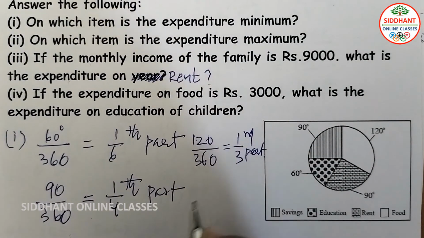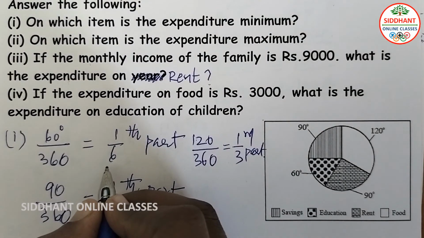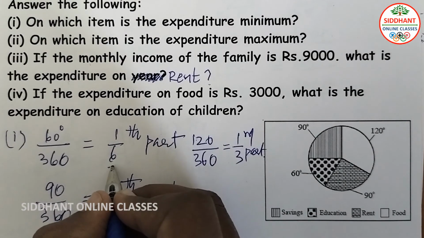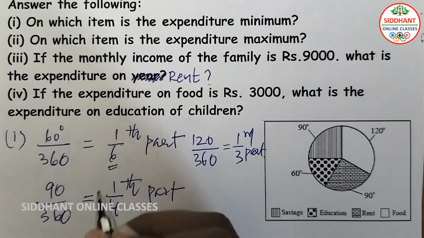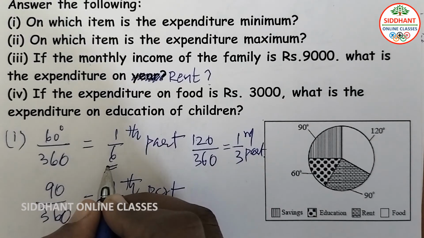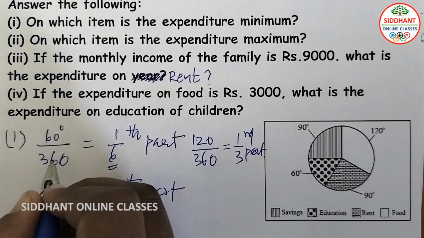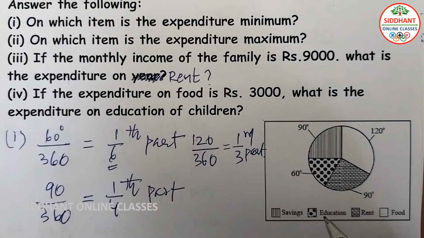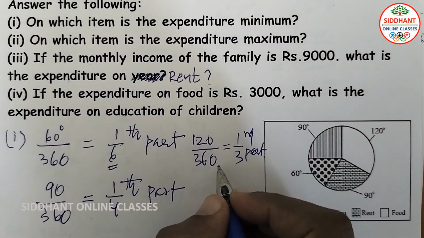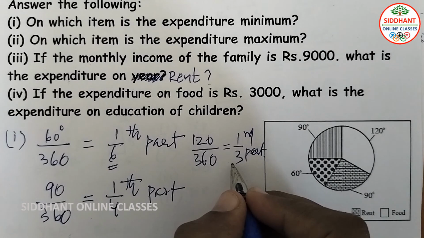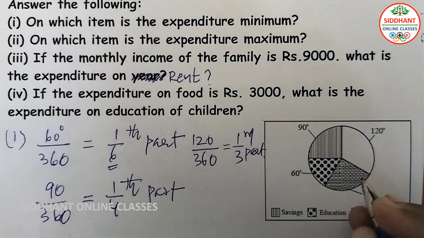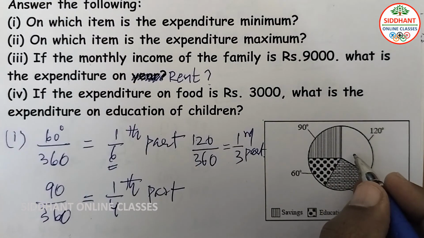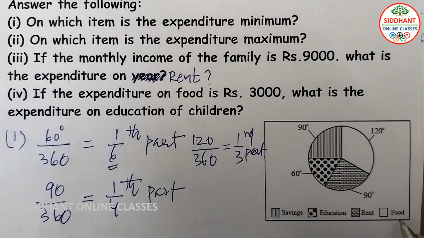So among these, the minimum part is 1/6. So 1/6 part is what? 60 degrees. On the chart we see this is education. And the second question asks for the maximum expenditure. Which part is maximum? 1/3 part is maximum. So when you see the chart, 120 degrees is 1/3 part and corresponding to this is food here.